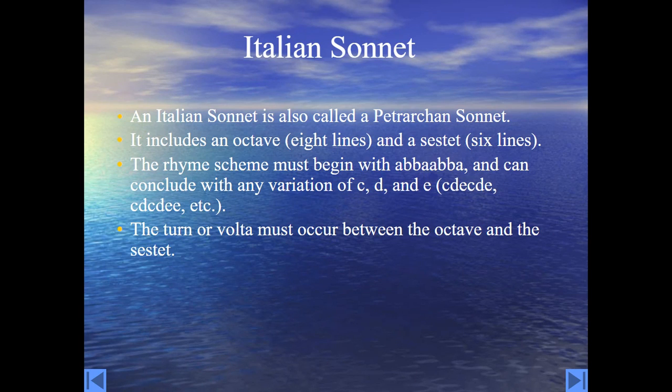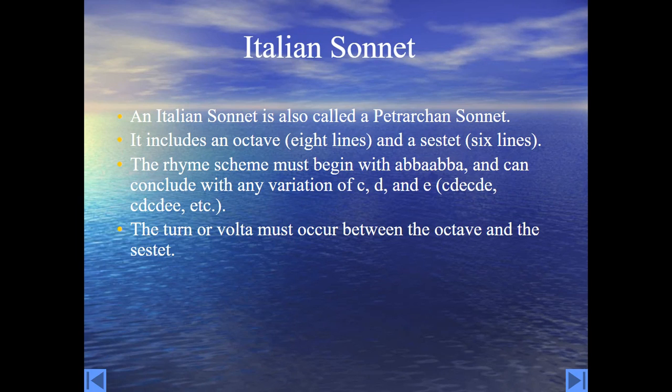Today we're going to look at the Italian sonnet, which is also called the Petrarchan sonnet after the man who originated it. It includes an octave, which is 8 lines. Think about the root OCT, meaning 8, and think about octopus or octagon or other words that have to do with 8.